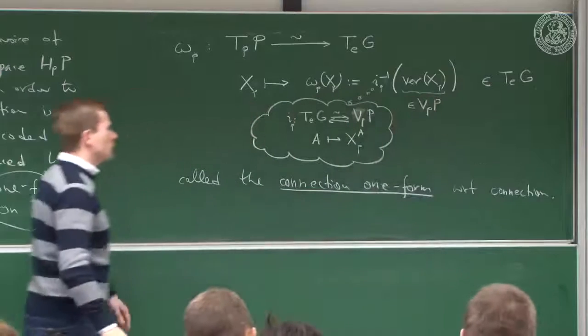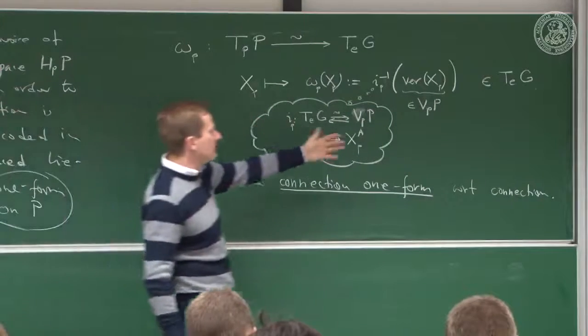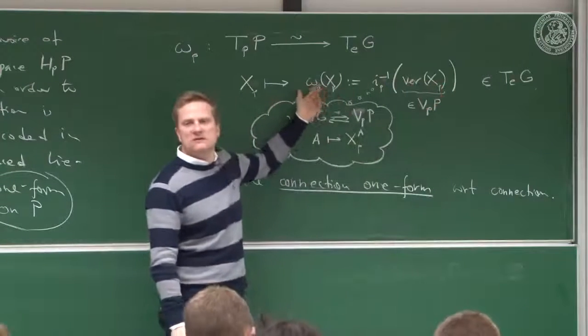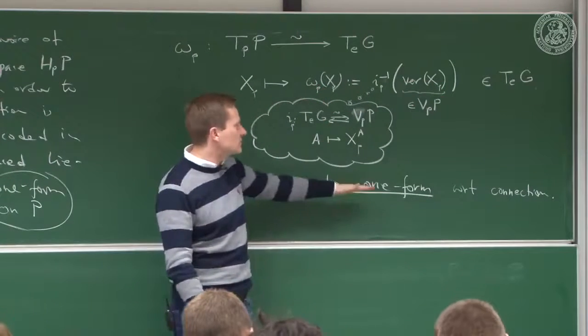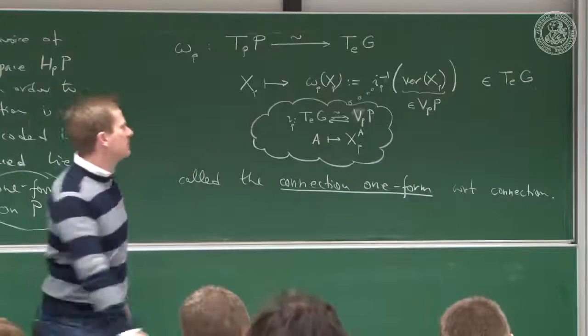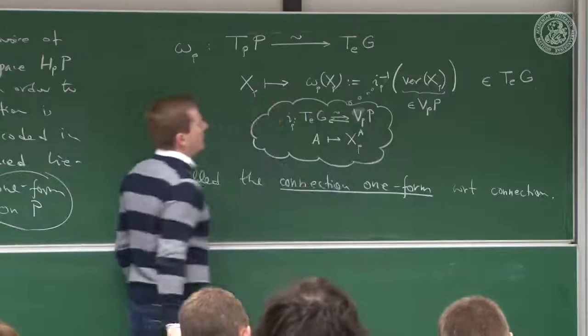So the connection is a choice of horizontal subspaces, and once I have such a choice, I can define this form. So it's the connection one form with respect to a given connection, the connection being hidden in this vertical projection.